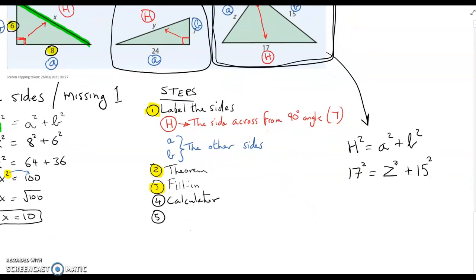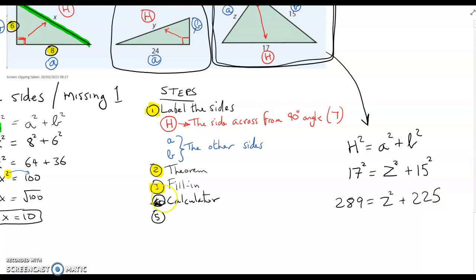The next step is to use our calculator. 17 squared is 289. So 289 is equal to Z squared, which is still going to be Z squared, plus, of course, 15 squared is 225.